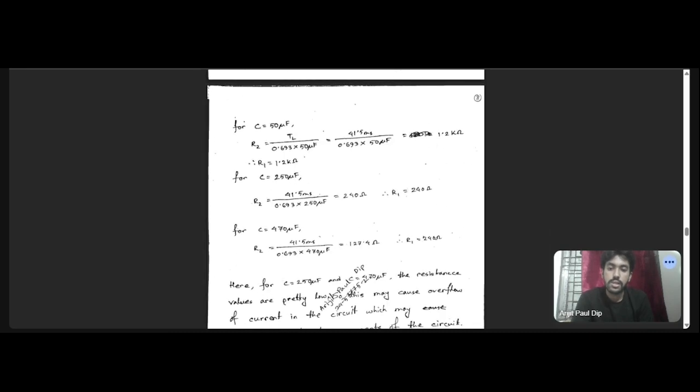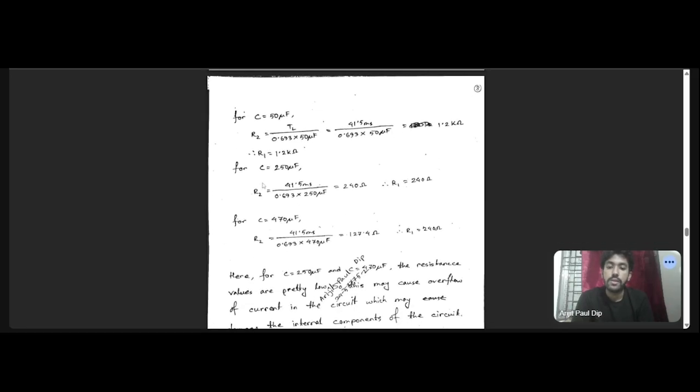So for C equals 50 microfarad, we got R2 equals 1.2 kilo ohm, and as we came to the conclusion that R1 equals R2, then R1 is also 1.2 kilo ohm. Then when C equals 250 microfarad, R2 equals 240 ohms, so R1 is 240 ohm as well.